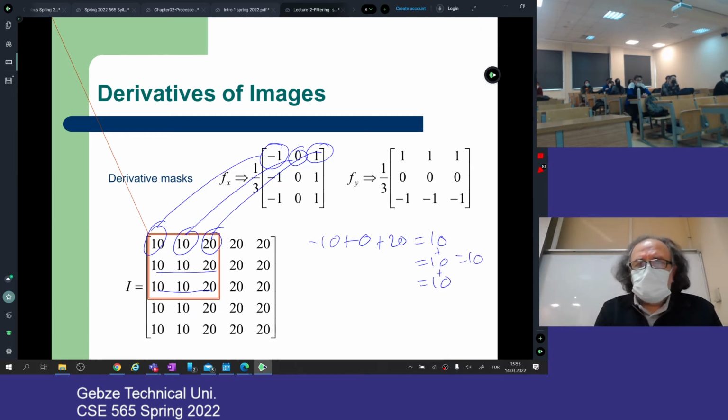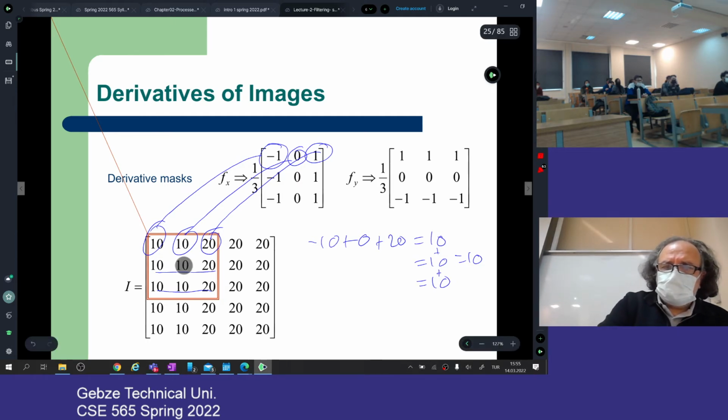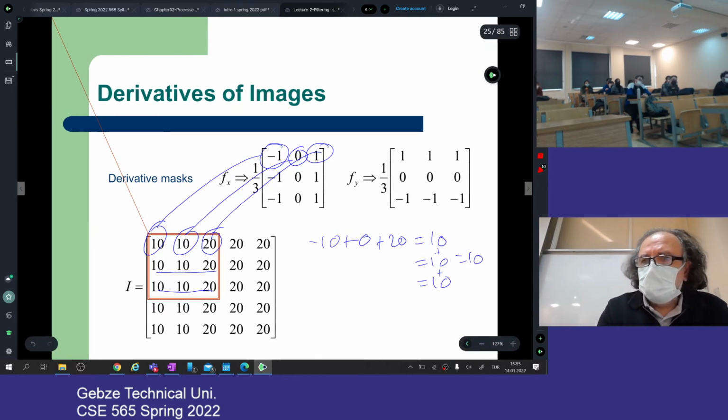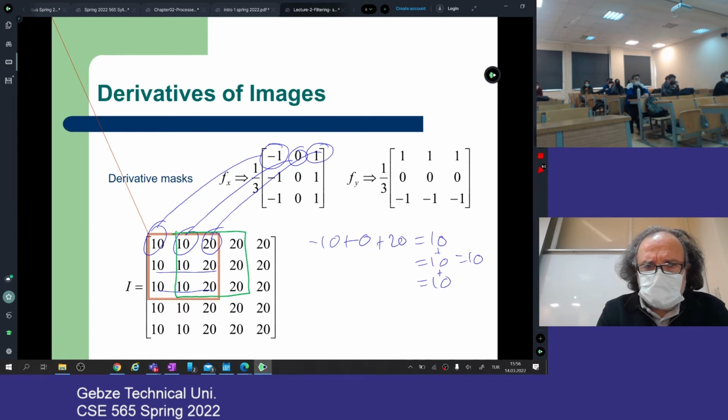Okay? The operation here would produce me 10 for this corner, and if I move this window 1 to the right, let me do it to the green, like this, do the same operation, it would produce what? Again, would it produce the same thing? 10? Is that correct?